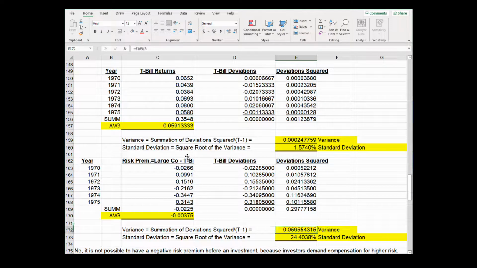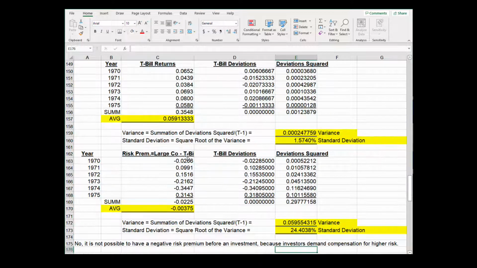Then to get the variance, I just divide that by 5 observations, a small sample size, and I get 0.059554315 variance. Take the square root of that to get the standard deviation, and I get 24.4038%.